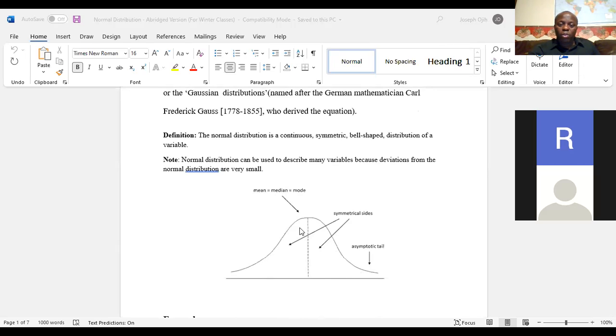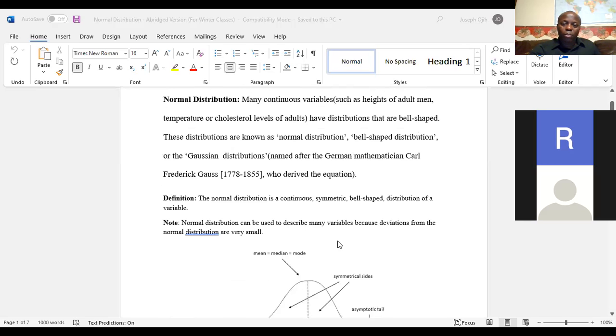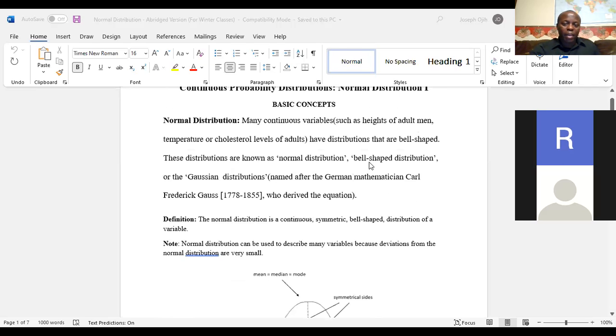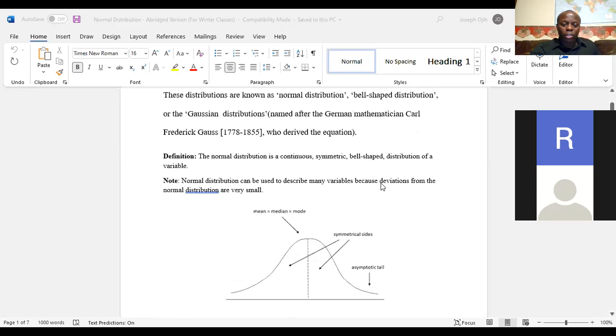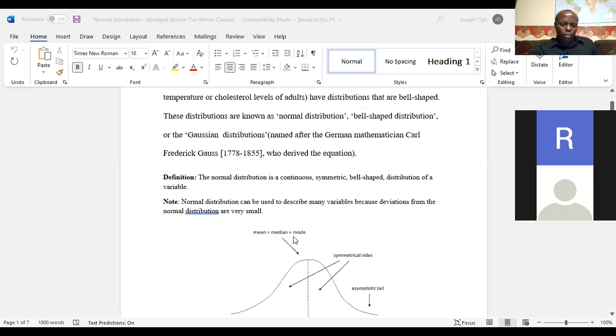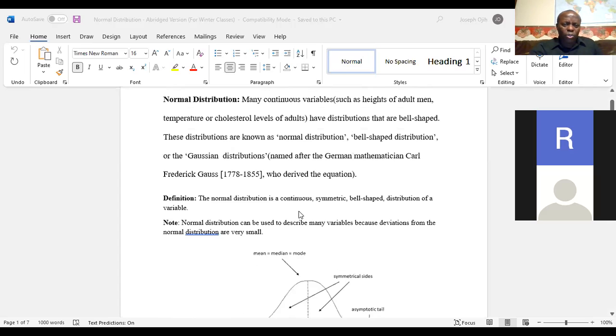So this kind of smooth curve we call the normal, or you can call it the bell-shaped, because it is shaped like a bell. You can also call it the Gaussian curve, named after the mathematician that derived the equation for it.